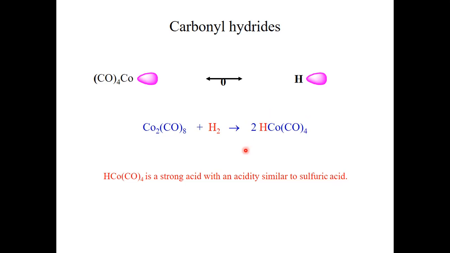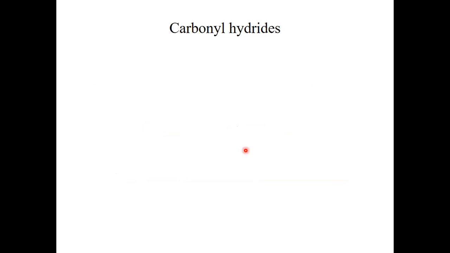There are many other carbonyl hydrides known, and one can tune their acidity by tuning the chemical nature of the carbonyl fragment, which involves the metal, the carbonyl ligands, and potentially even other ligands. So, for instance, the manganese pentacarbonyl fragment is a 17 valence electron fragment.